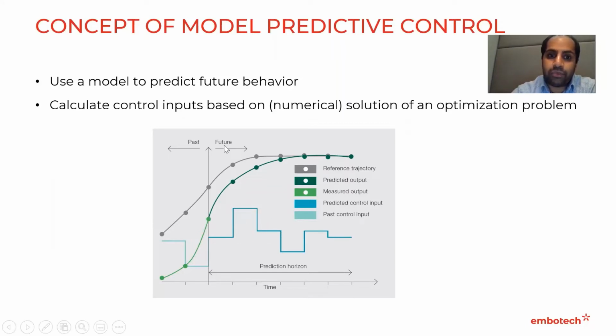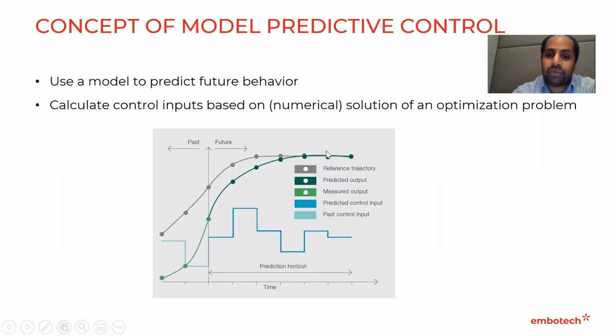So let's look at this picture here. You have the past values, with past reference values, past control inputs and past measured outputs. And now you predict what would happen if I apply some predicted control inputs. How would my predicted outputs evolve?